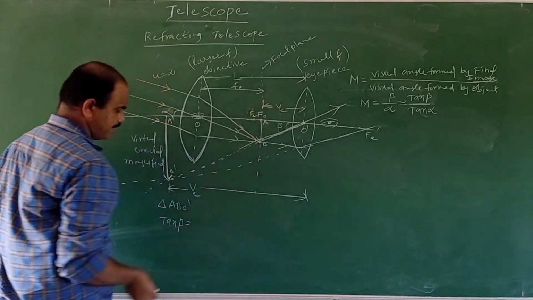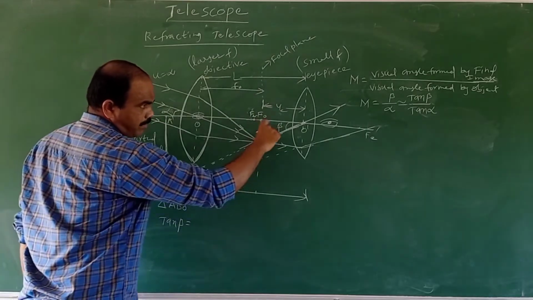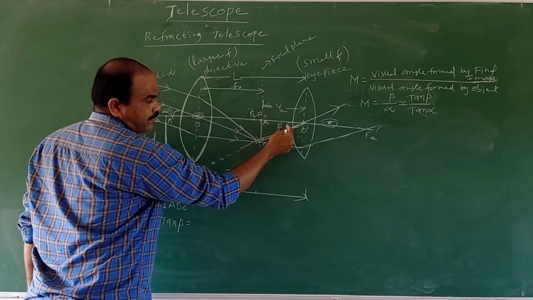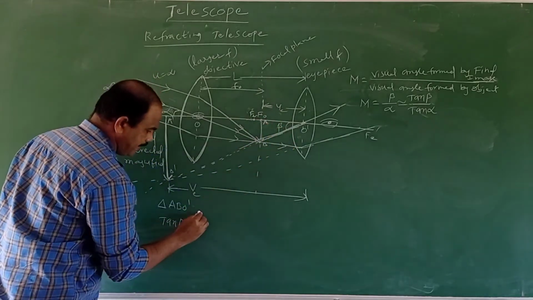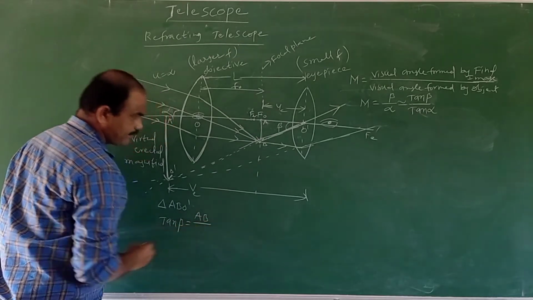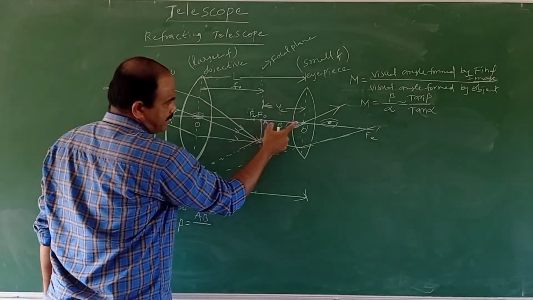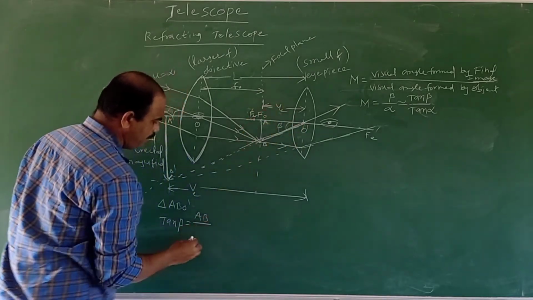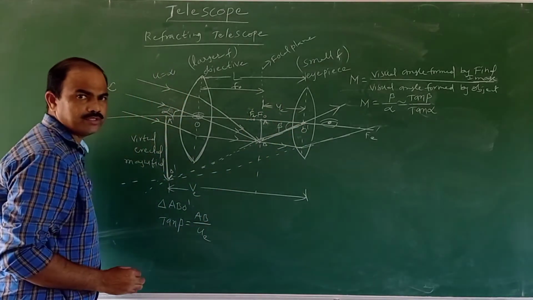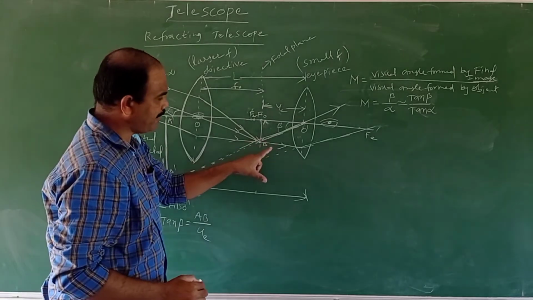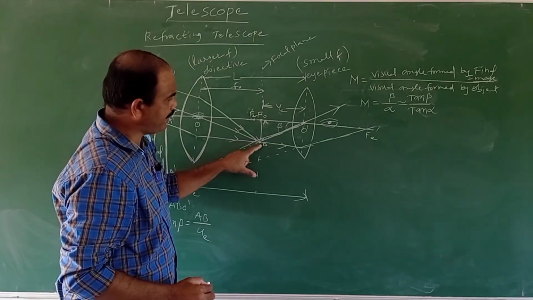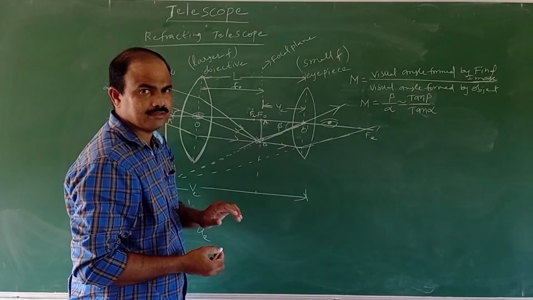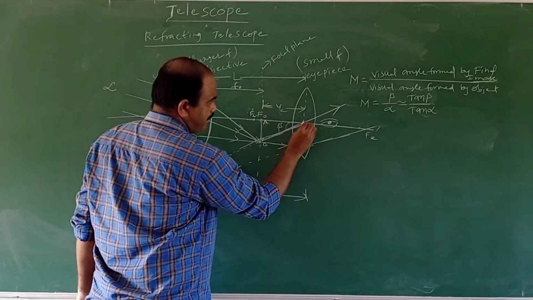So tan beta is, in this triangle, for this angle AB is the opposite side, and the adjacent side is AO', which is u_e. When we apply the sign convention, AB gets a minus and u is also minus, because all distances are measured from the optic center.